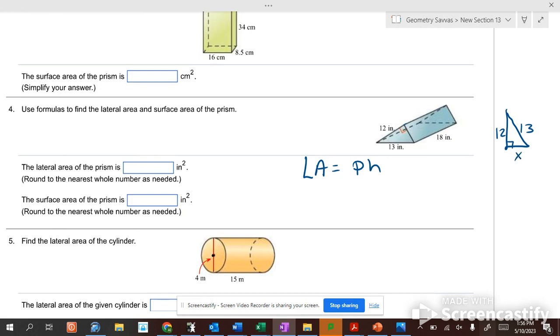How would I find a third side of a right triangle, Jace? How would you find the third side of a right triangle? Dylan. Pythagorean theorem. C squared equals A squared plus B squared.